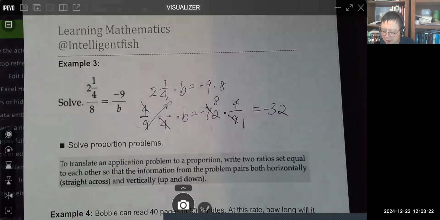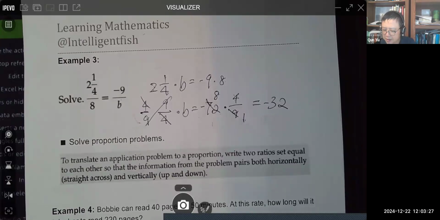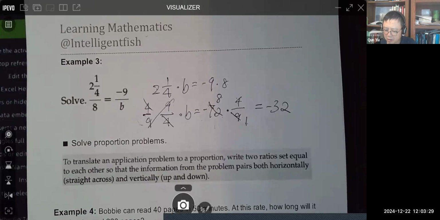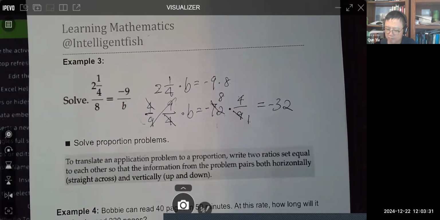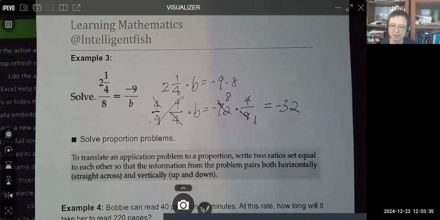Now let's look at how we solve an application problem using a proportion. So basically, if you look at this procedure here, it says you need to translate a proportion application problem, the information in the description, into a proportion.